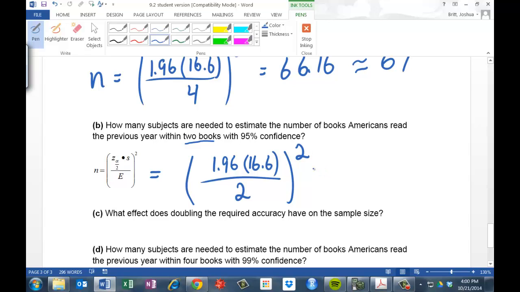And again, if the margin of error gets small, then we would think that we would need more in the sample size. So we get 264.64, approximately 265.